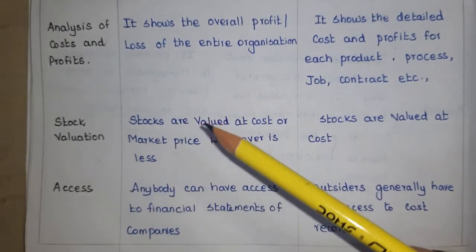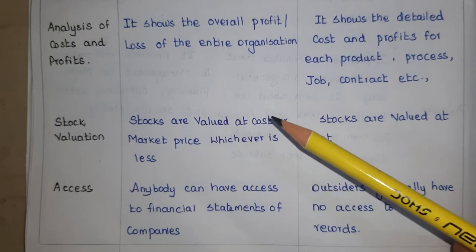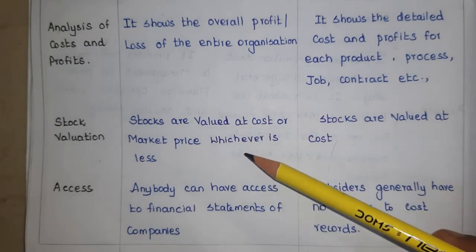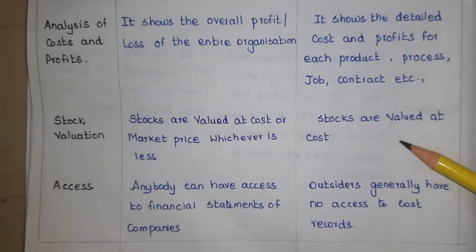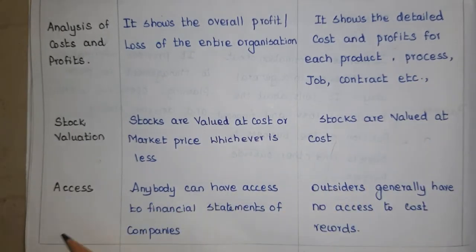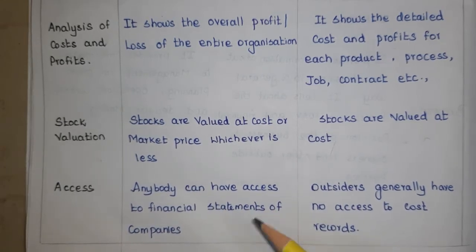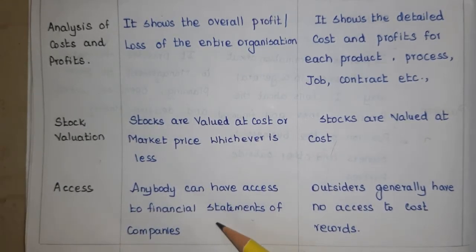In financial accounting, stock is valued at cost or market price, whichever is lower. In cost accounting, it is valued at cost. The last point of distinction is access. Anybody can have access to the financial statements of the company in financial accounting. In cost accounting, generally there is no access to the cost records.